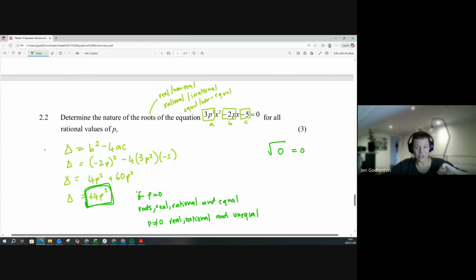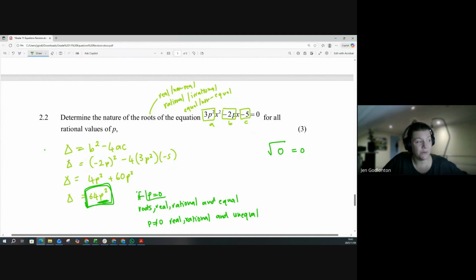Bit of a mean question. What I will do for you guys though, where is P in all that you're saying? This is P over here, that P value. So basically they're asking us what the nature of roots are for rational values of P, right? But there's going to be 2 different answers.